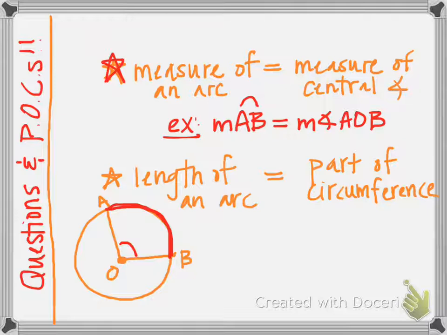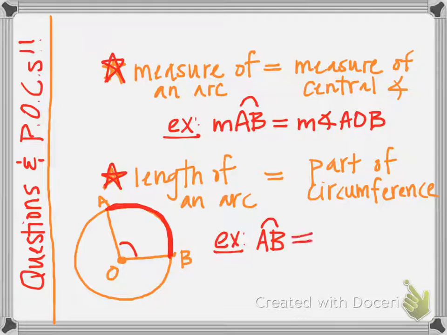The other number or value that's associated with an arc is actually the length of that curved piece. And that's actually just a portion of the circumference. So if I take off the M in front of the arc symbol, now I'm talking about that length of the curve. And that is always a portion of the circumference.